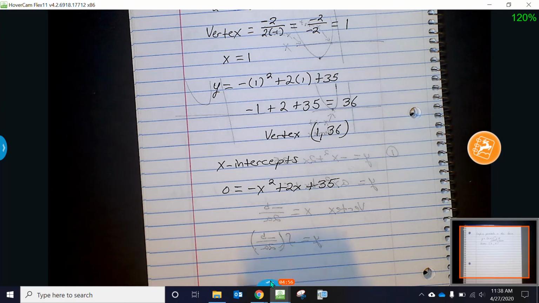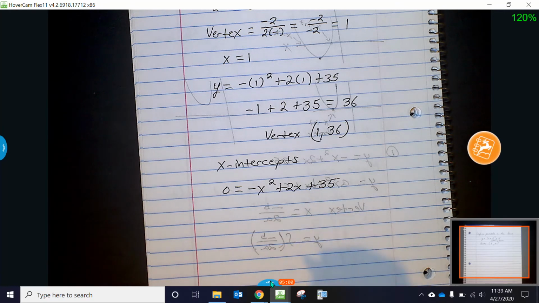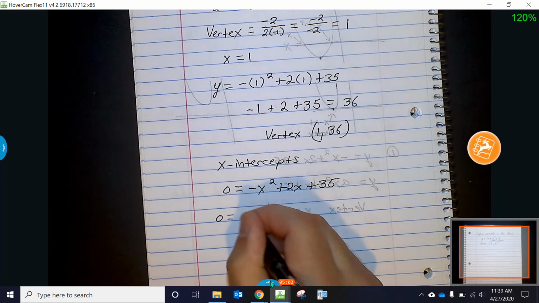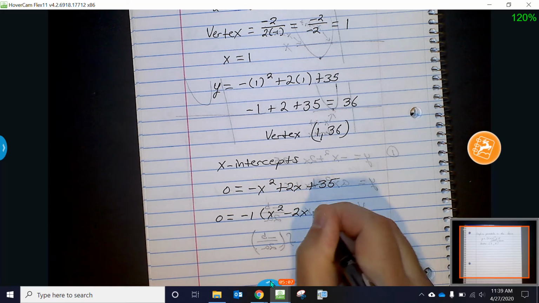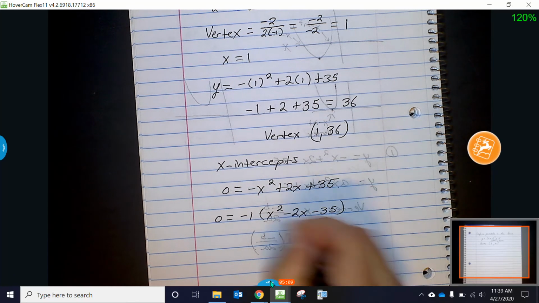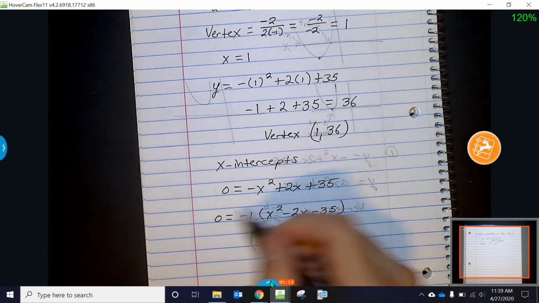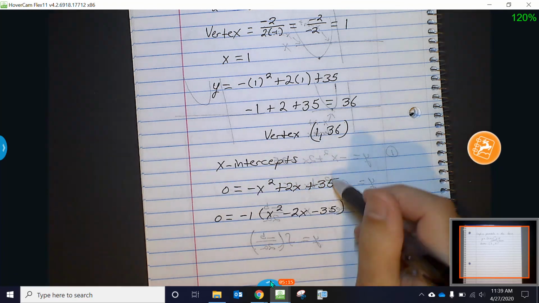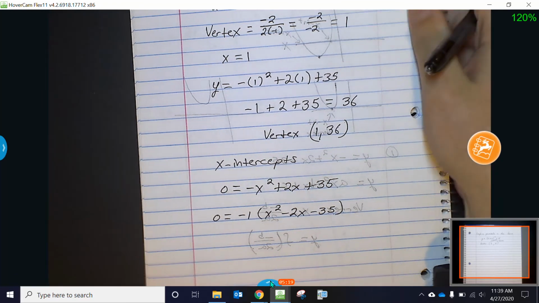So typically I move everything over here to make the x squared positive. You could also take out a -1, but whatever method you use, you want to get that x squared positive. I would have added x squared, subtracted 2x, subtracted 35, put it all on this side, and we would have gotten the same thing.